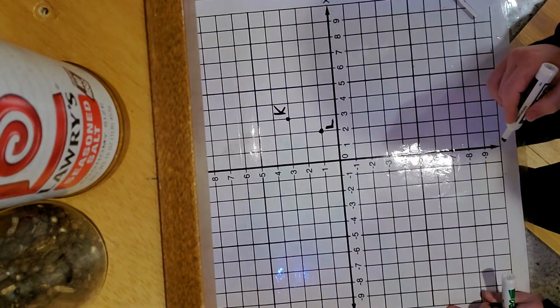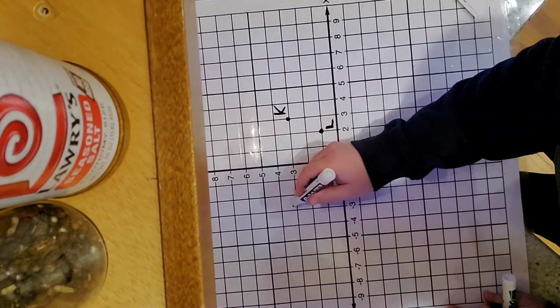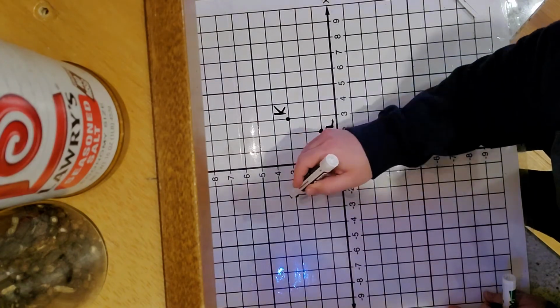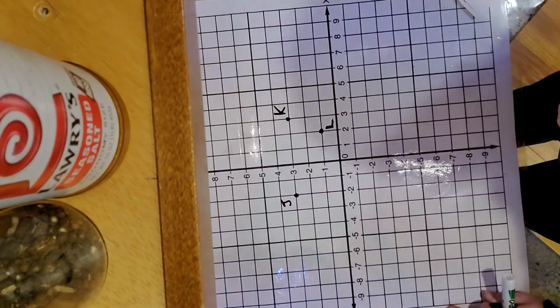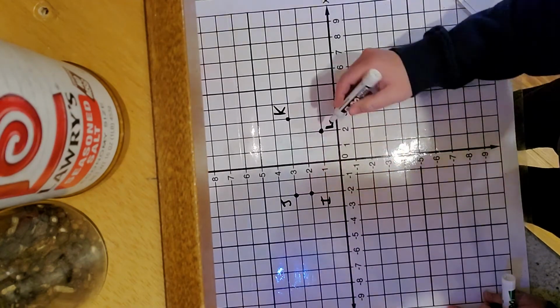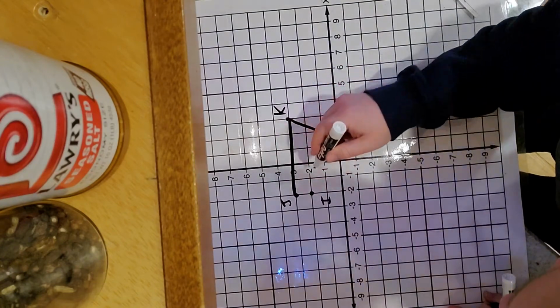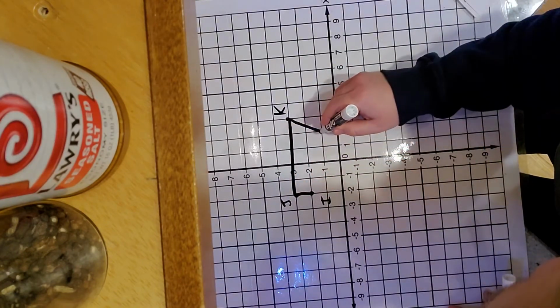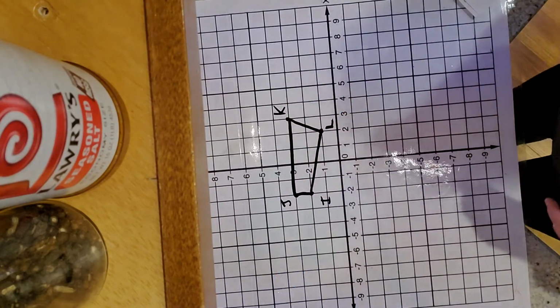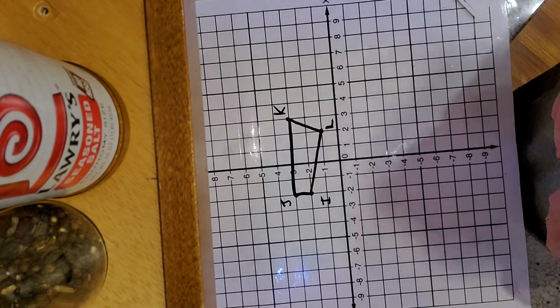There's a J that is right here. And there's a point I that's right there. So here's the original quadrilateral. Okay, they ask us to reflect this across the x-axis.